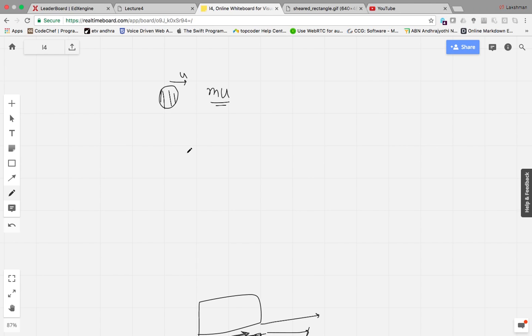Now for a fluid, again you will have momentum, because any object that is moving has a momentum. So here we have a fluid parcel or control volume, through which fluid is moving, or this control volume is moving with the fluid.